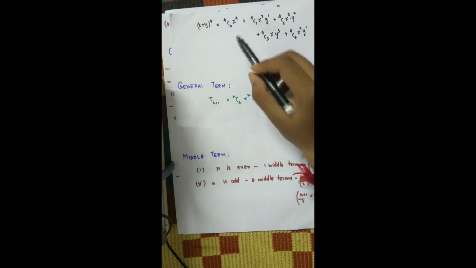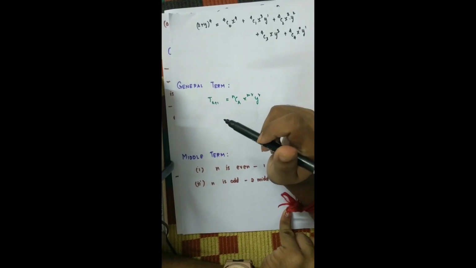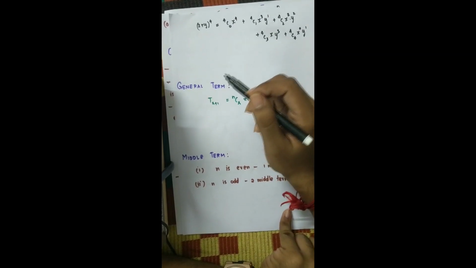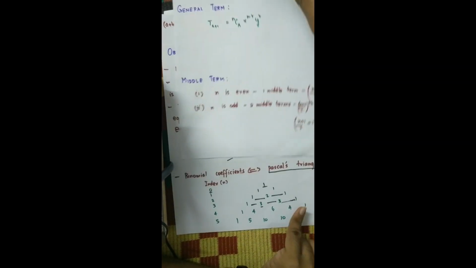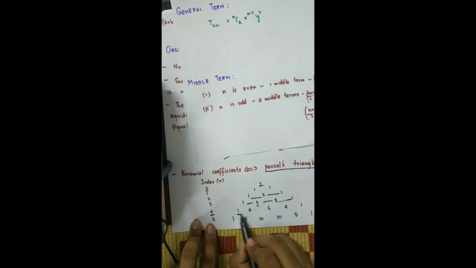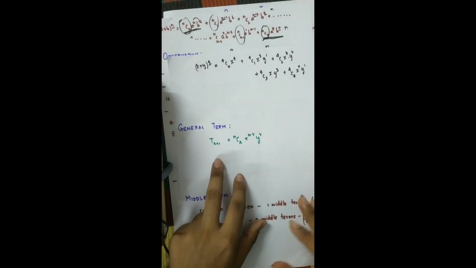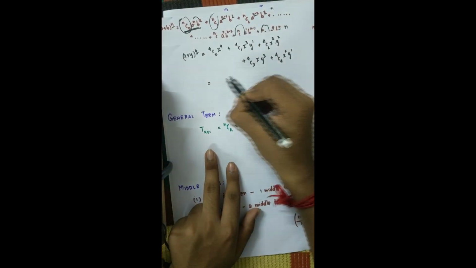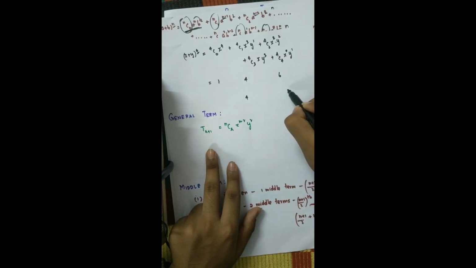Now for each coefficient we have to find this nCr, so that is quite tedious. So instead of that, what we can do is, the line corresponding to this power 4 is going to be 1 4 6 4 1. So we can directly substitute the coefficients to be 1, 4, 6, 4 and 1.